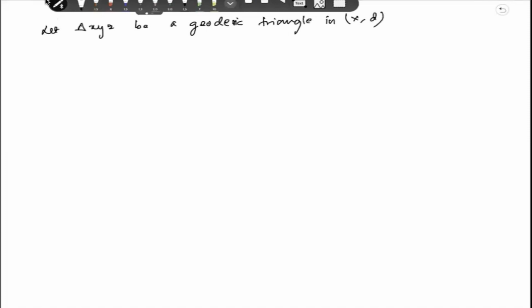And now note the following. So this is my triangle XYZ.